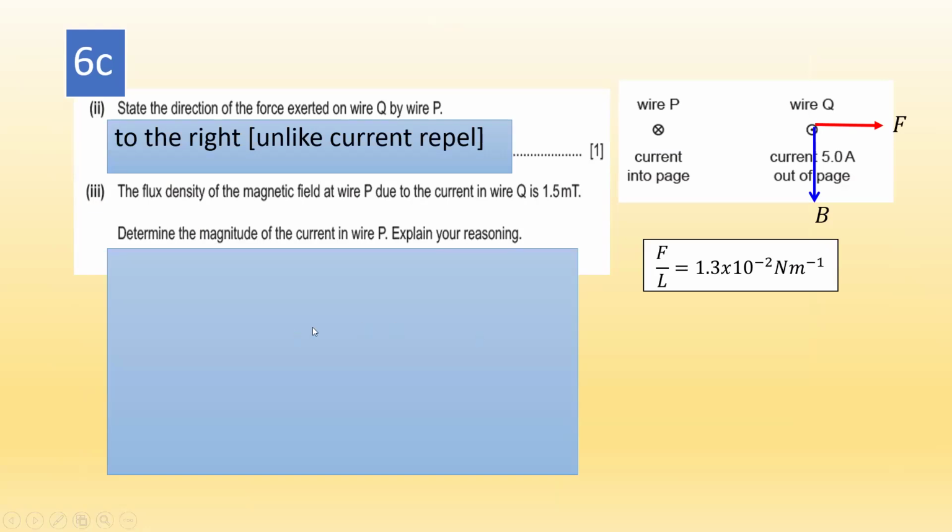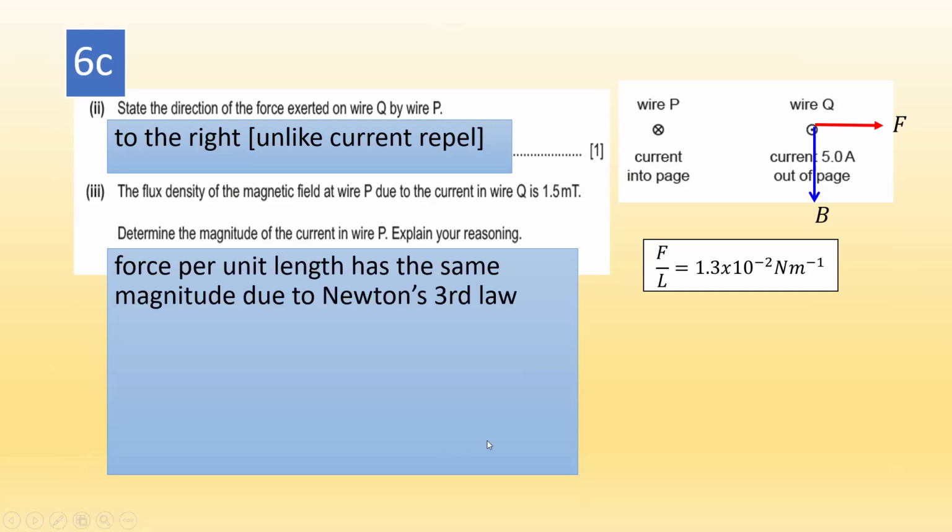The flux density of the magnetic field at wire P due to current in wire Q is 1.5 millitesla. Determine the magnitude of current in P. Explain your reasoning. Force per unit length has the same magnitude by Newton's third law.